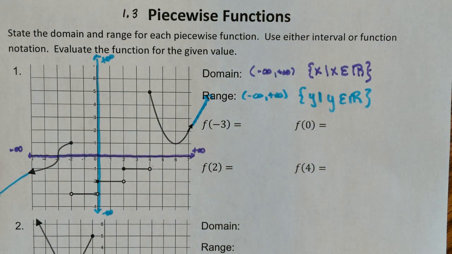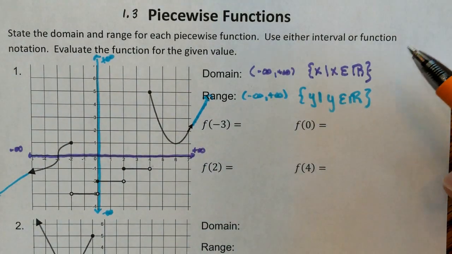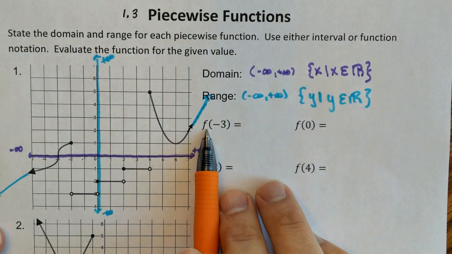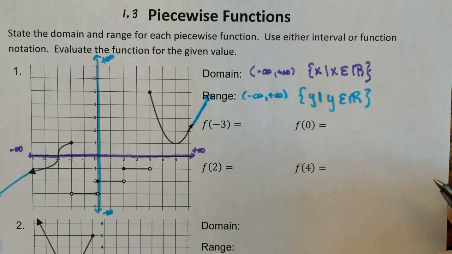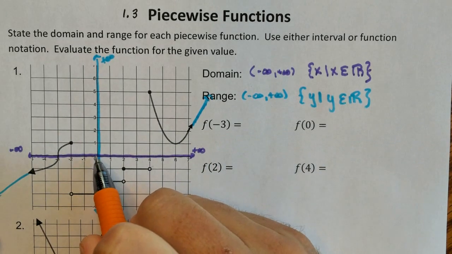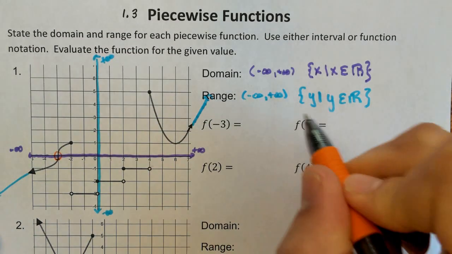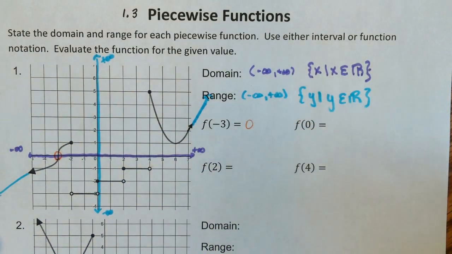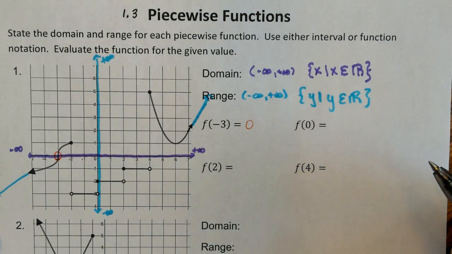The only other piece that we want you to do is to be able to identify specific y values. So the function at x equals -3, what is that y value? You would have to identify -3 and then the appropriate y value at that point. In this case it would be 0. The function where x is equal to 0.